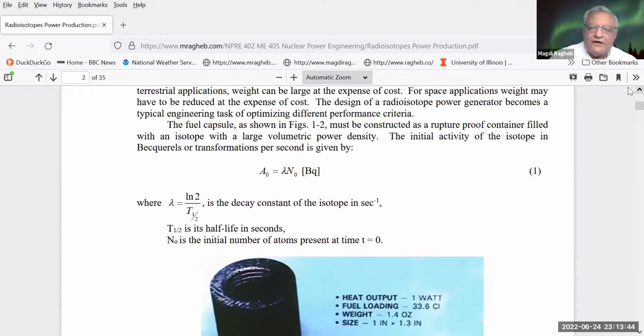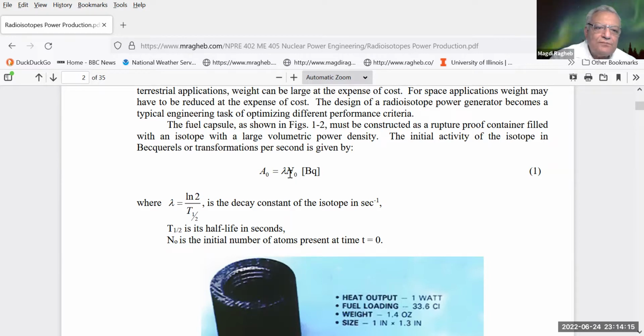First, the design would have to choose the isotope to be used. We have to consider the radiation emitted by the isotope. And we start with what we defined in the previous chapter as the activity of the isotope at time t equals 0. Remember, it is equal to the decay constant times N sub 0. The decay constant is the natural logarithm of 2, 0.6931, divided by the half-life of the isotope that we choose for that purpose.